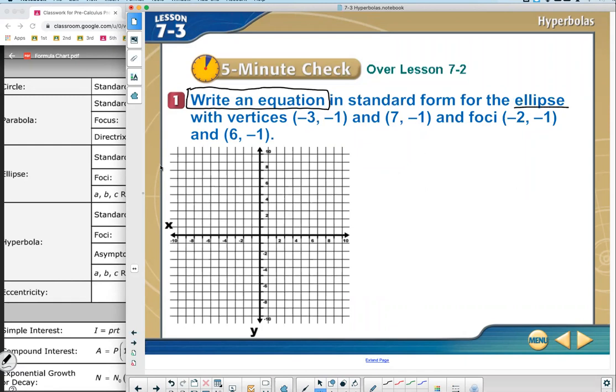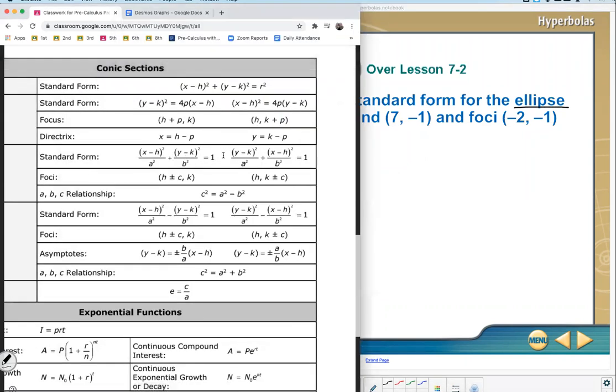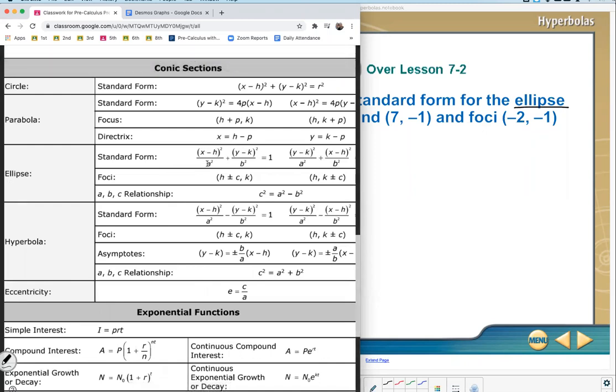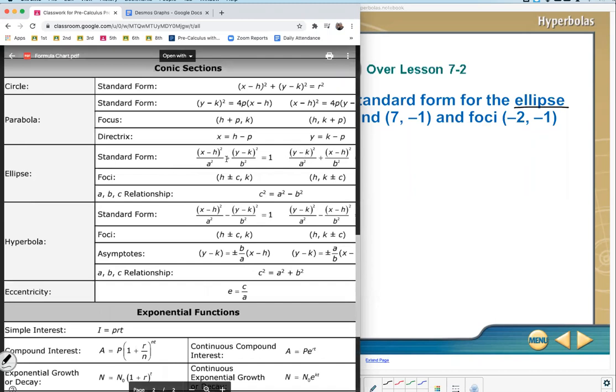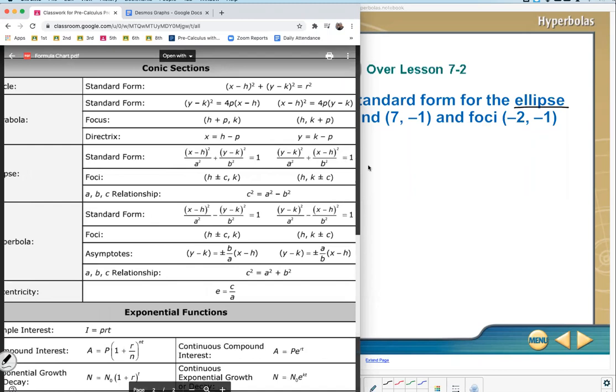So what I'm going to do is go to the ellipse, and I'm going to draw off what's in common. And this is one of those changes. If you have a good memory, you'll realize this is different from last class. What's in common for an ellipse is that both formulas are going to start with some quantity being squared over a squared plus another quantity squared over b squared equals 1.